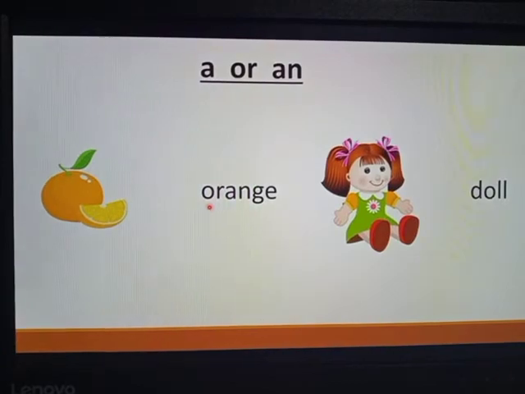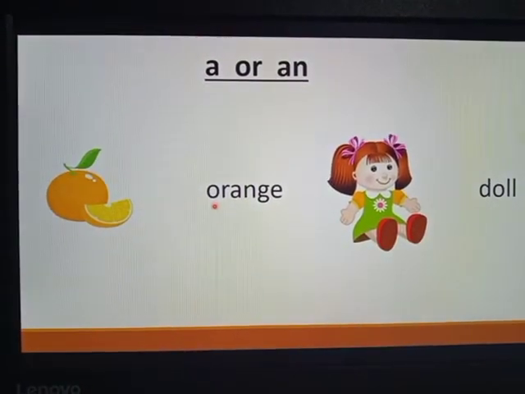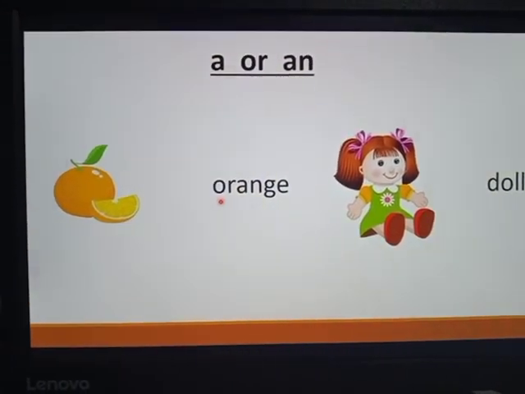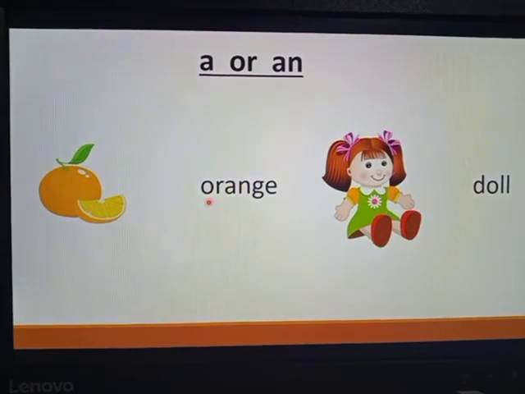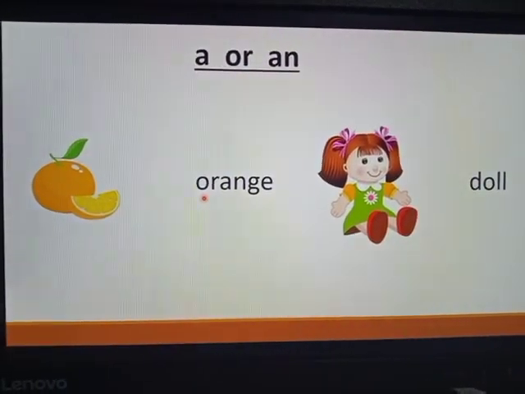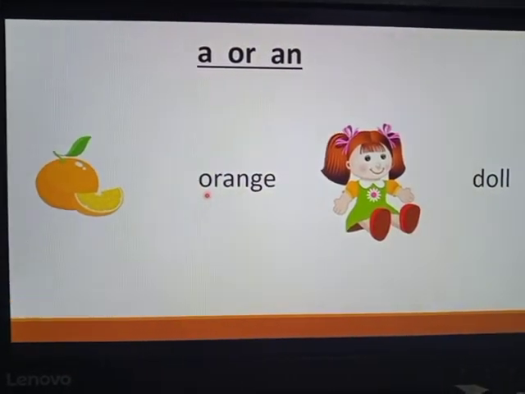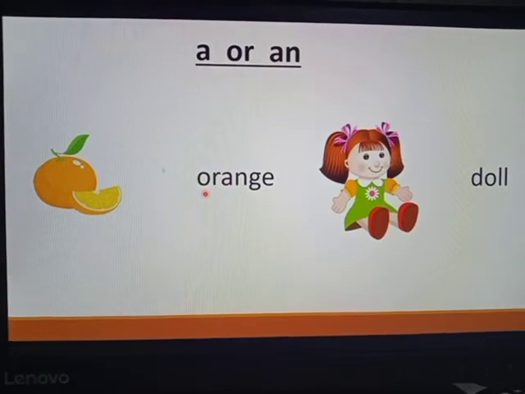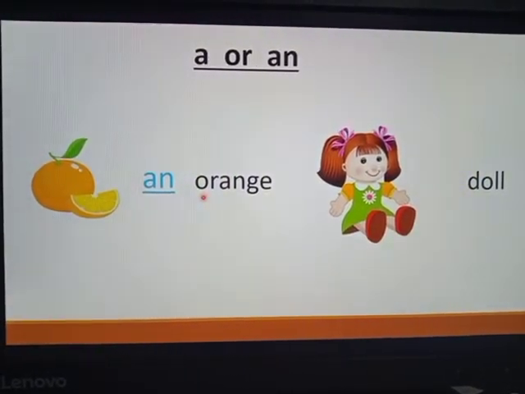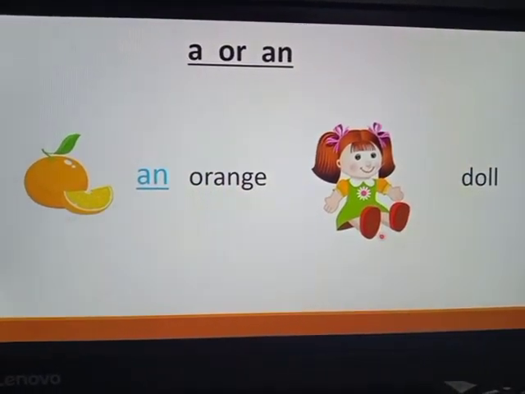There are 5 vowels only: A, E, I, O, U. So, O is a vowel. So, what do we have to use, a or an? Correct. We have to use an. We use an before words that begin with vowel sounds. So, what is the answer? An. So, how will you read it? An orange. Very good. Now tell me, what are you seeing in the second picture?